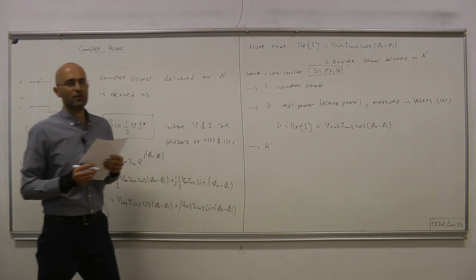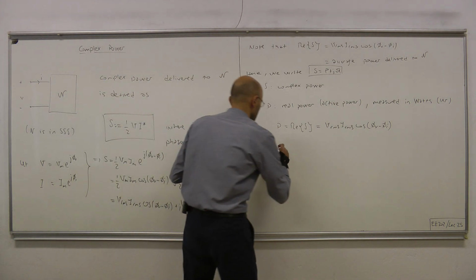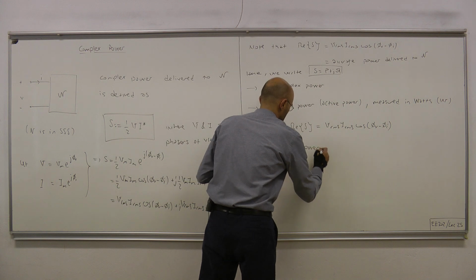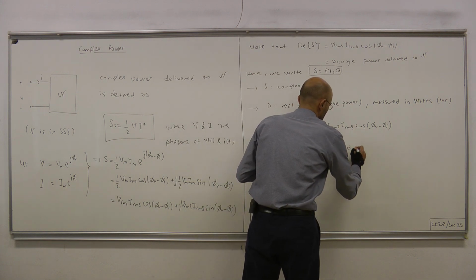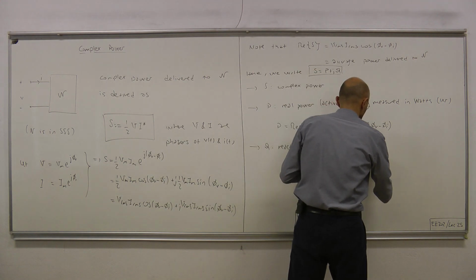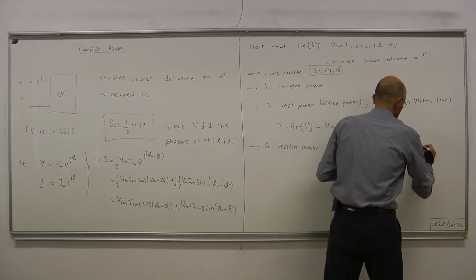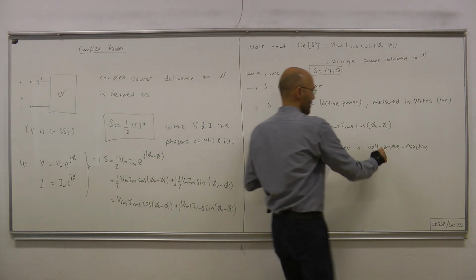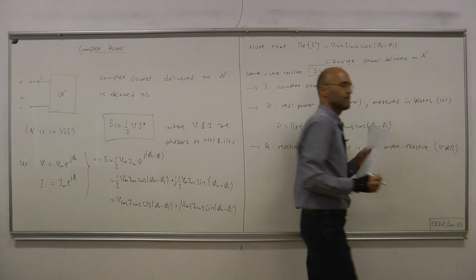Now the imaginary part of the complex power, which is labeled Q in general, is called reactive power. And this is measured in volt ampere reactive. The abbreviation for that unit is capital VAR.